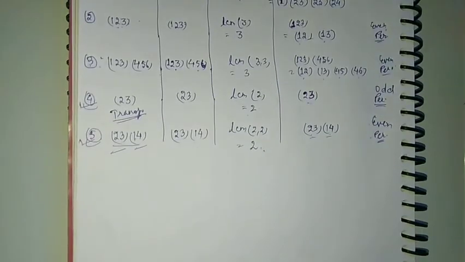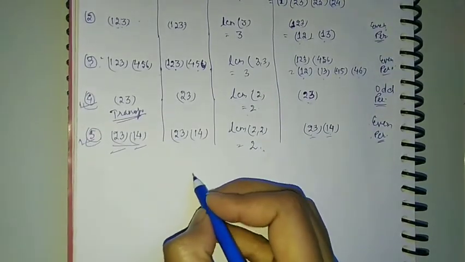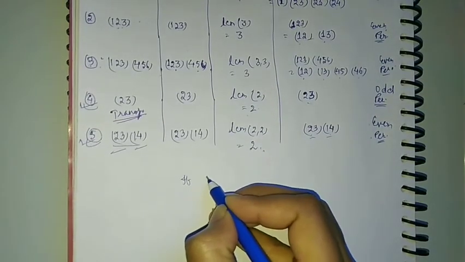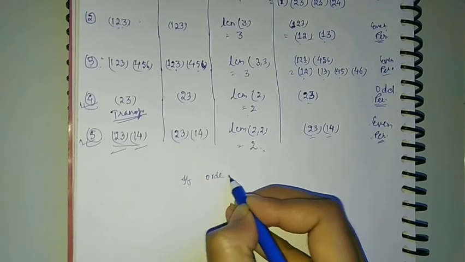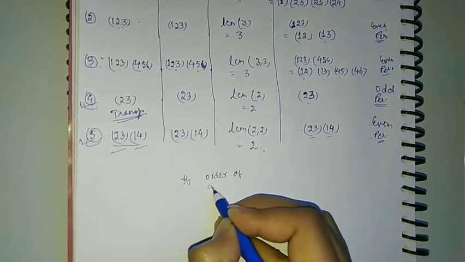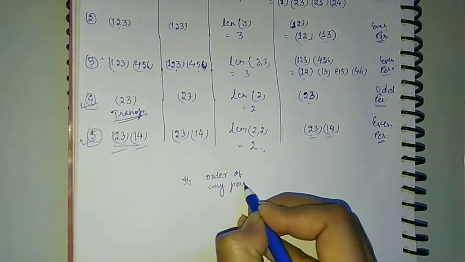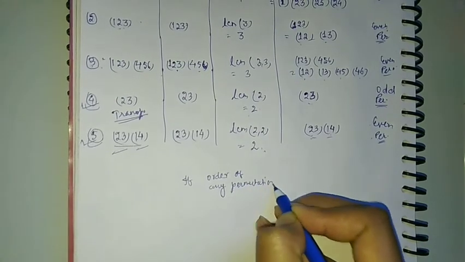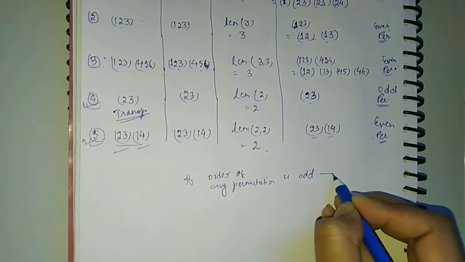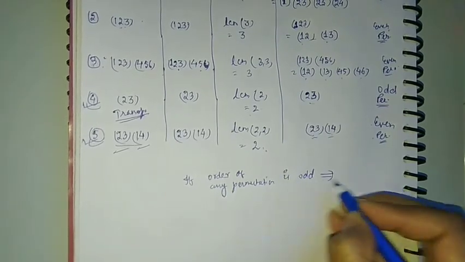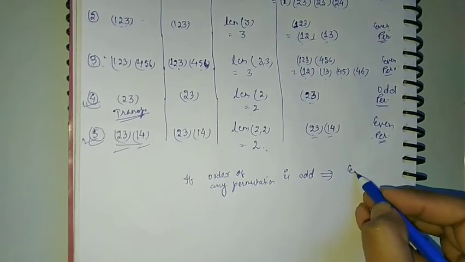So we can observe that if the order of any permutation is odd, then this implies that the permutation is an even permutation.